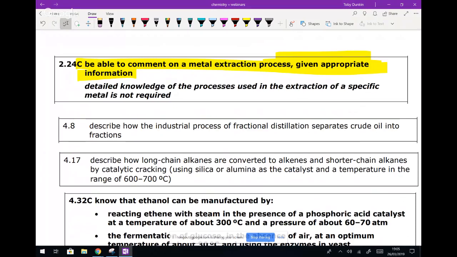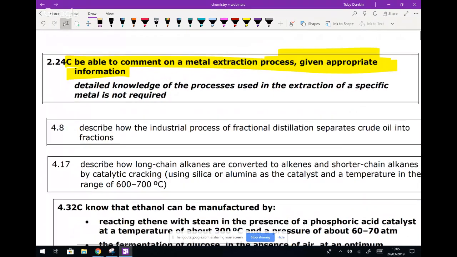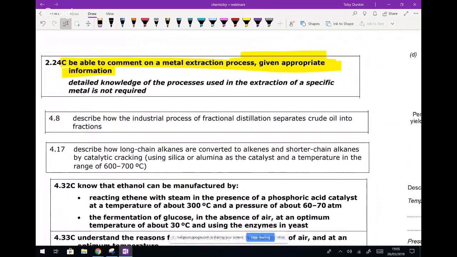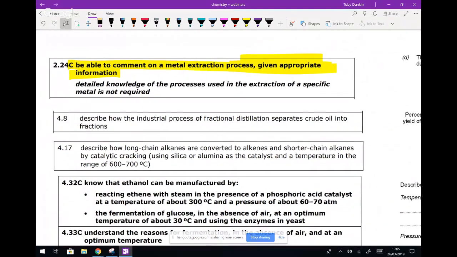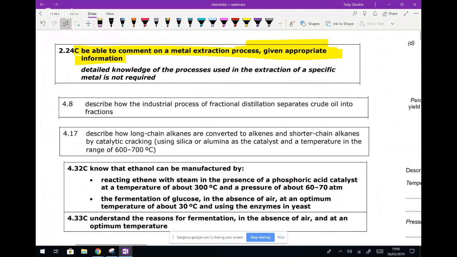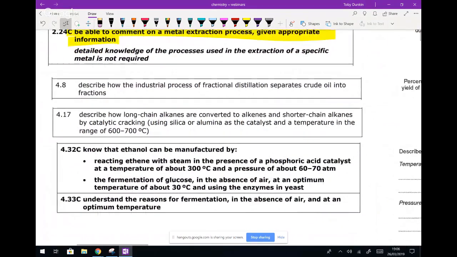They're going to be asking you some questions on them, and it's nice just to confirm those points. And it's nice to also see that the detailed knowledge of the processes used in the extractions for specific metals is not required. So they're not going to ask you to quote them. What they're going to do is give you them and ask you to explain it. So I'm wary of that particular point.